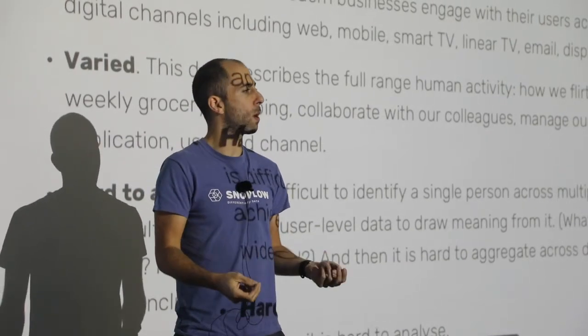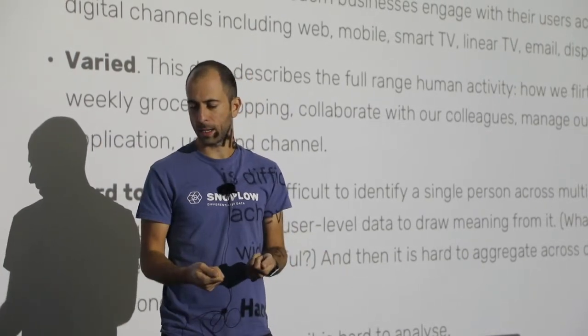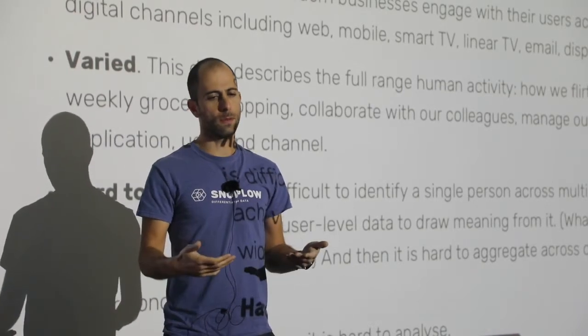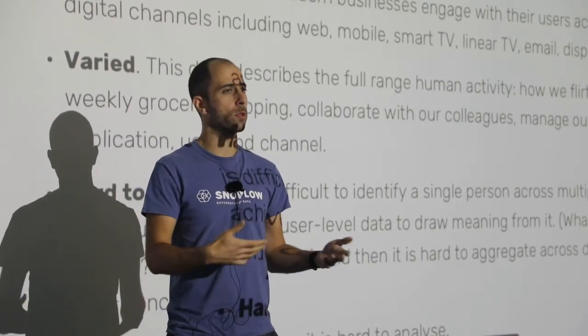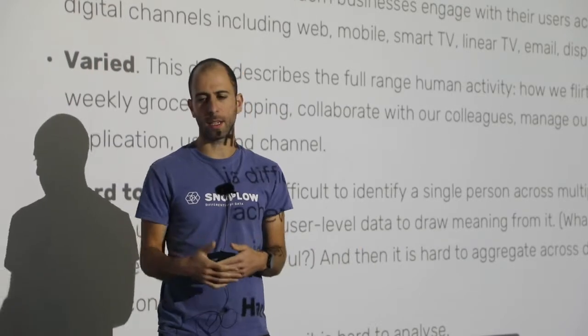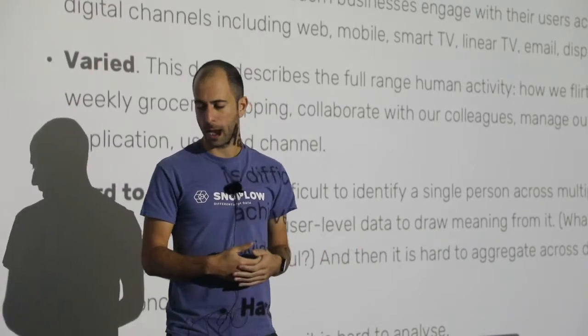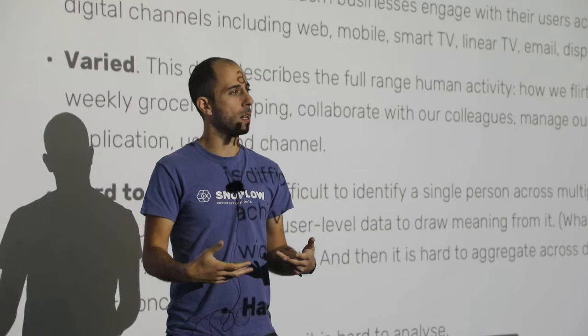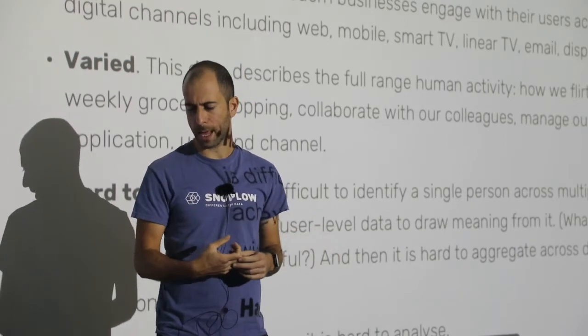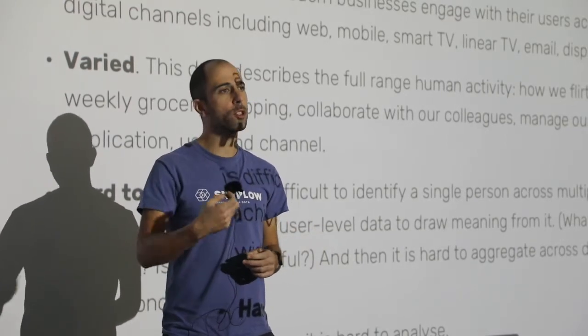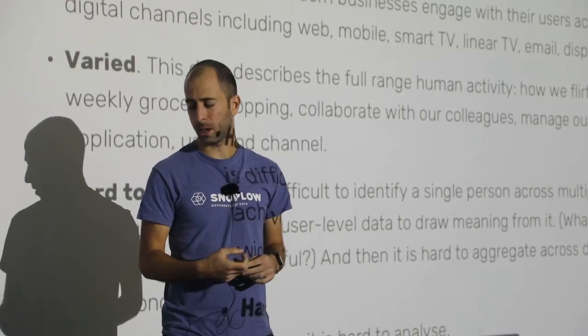Those are really difficult questions to unpick in the data. And the types of tooling that we have, both methodological in statistics and technology-wise, don't really help us very much pull out meaning from that data. And because user data is hard to analyze, it's also hard to act on.